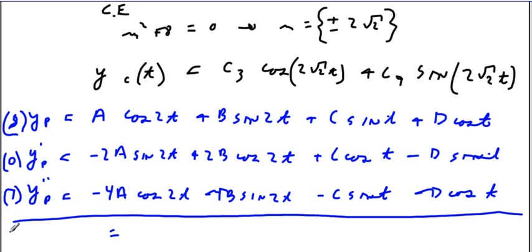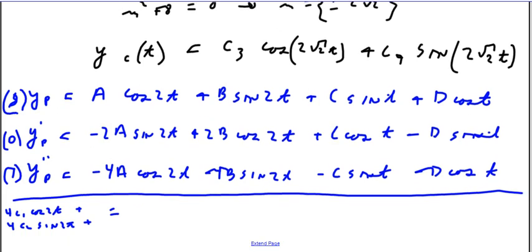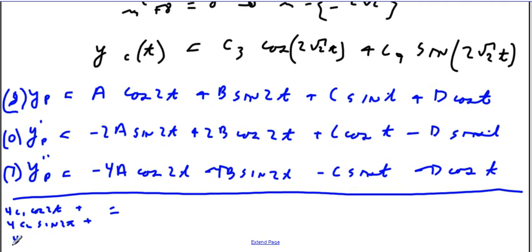Okay, so I'm going to want 4c1 cosine 2t plus 4c2 sine 2t plus 4 over 3 sine t. So that's what I'm looking for when I get done.